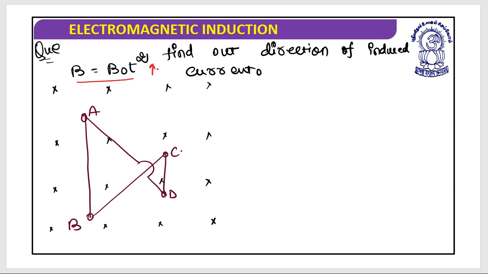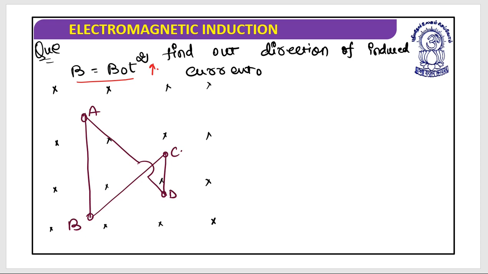As time passes, this magnetic field will increase, which will increase the flux, and that will create an induced EMF. If it creates an induced EMF, induced current will definitely be there. I hope this is clear.